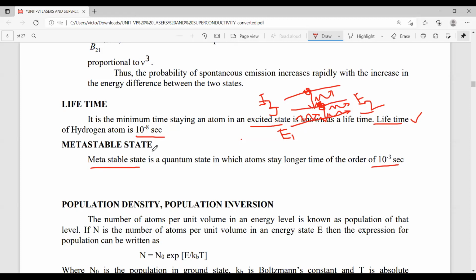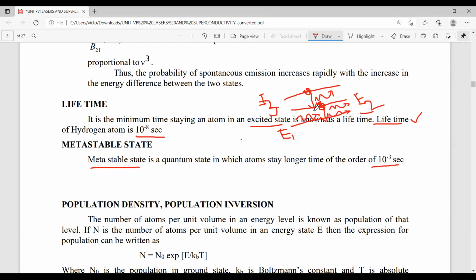The metastable state is very important for lasing action. Why? Because here the process is stimulated emission, whereas for the excited state the process is spontaneous emission, because there is no external energy there, but here there is some external energy.